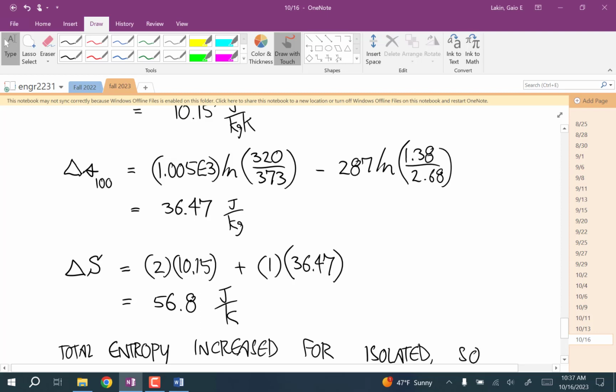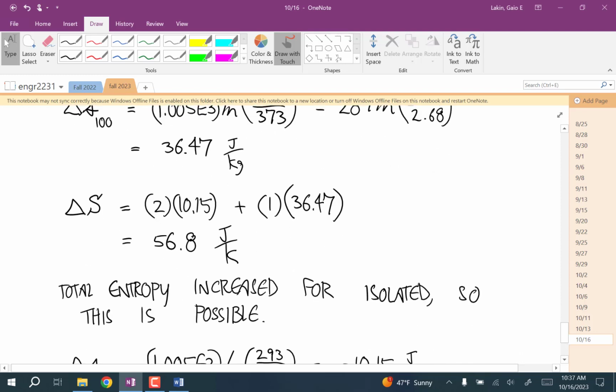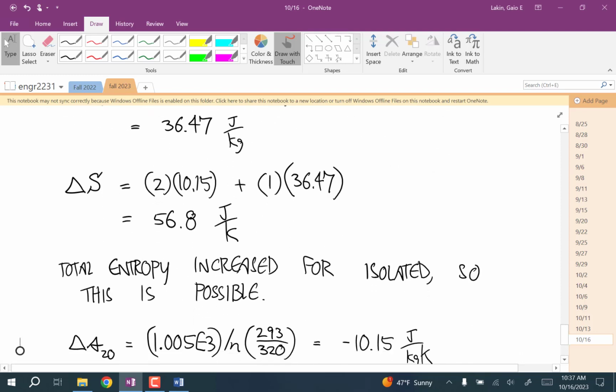It's just that the other part of your system is going to increase in entropy enough to make up for that. So don't make any snap judgments based on the first thing you see in a problem like this. If something comes out to be negative for its total change in entropy, you have to see if the other parts of the system make up for that.